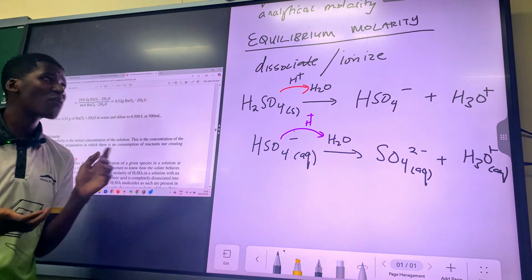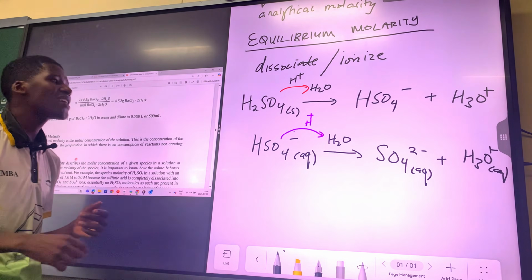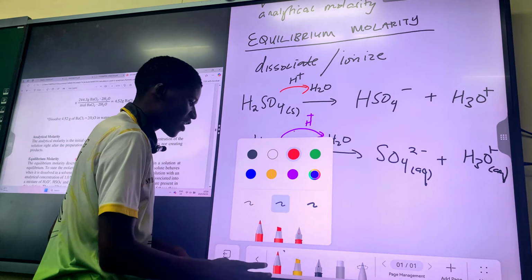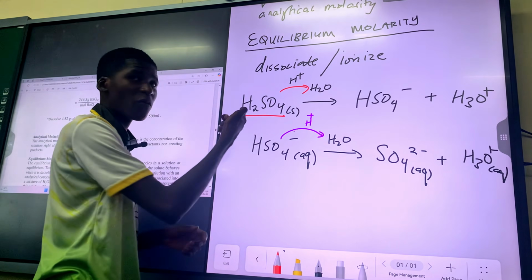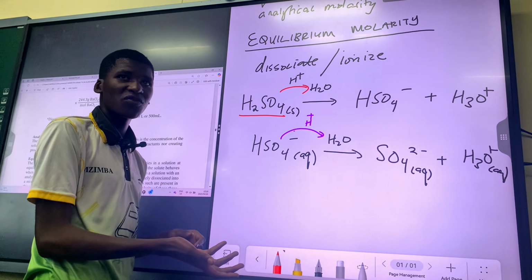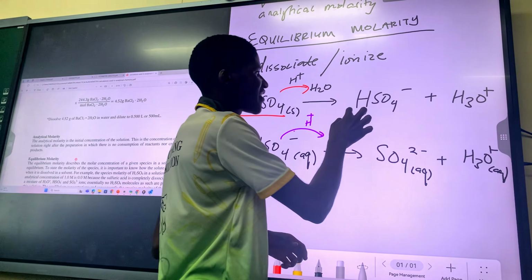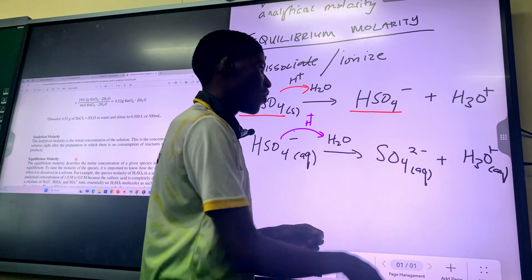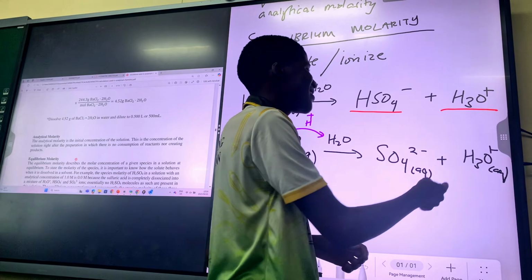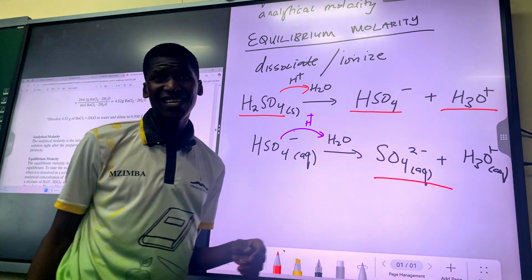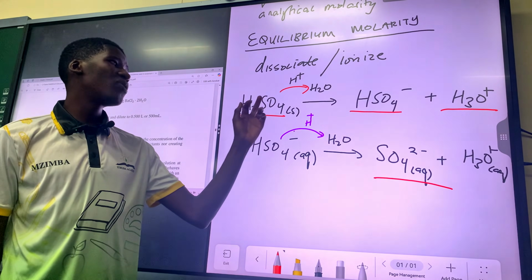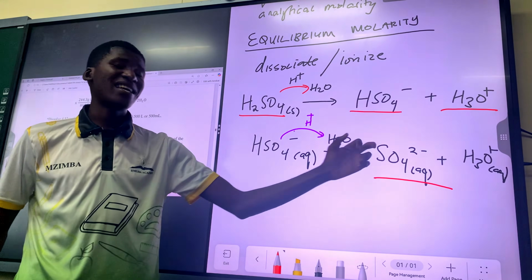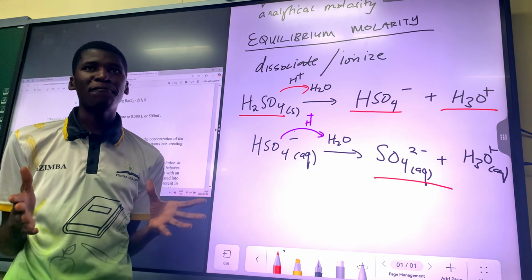So when you're talking about the equilibrium molarity, you are talking about what is the concentration of H2SO4 after it has dissociated. What is the concentration of HSO4 minus? What is the concentration of H3O plus? And what is the concentration of this? You want to see the concentration of all these things in the compound, how many are they?